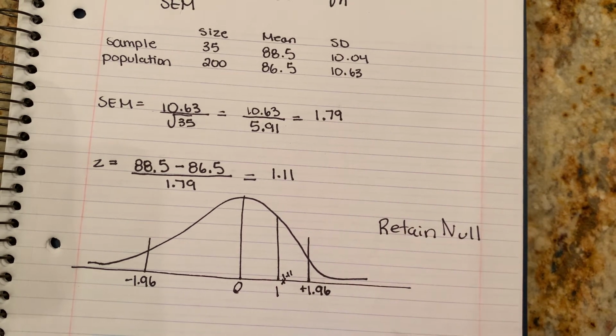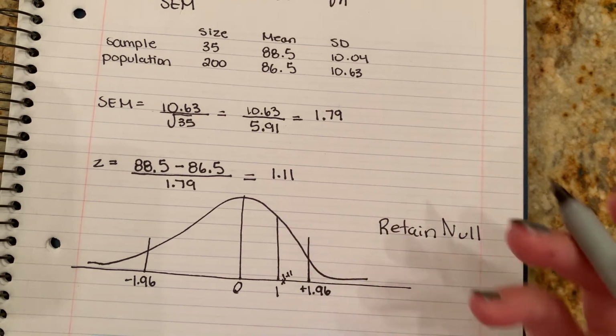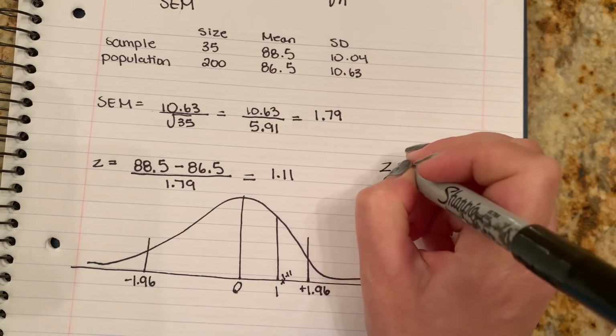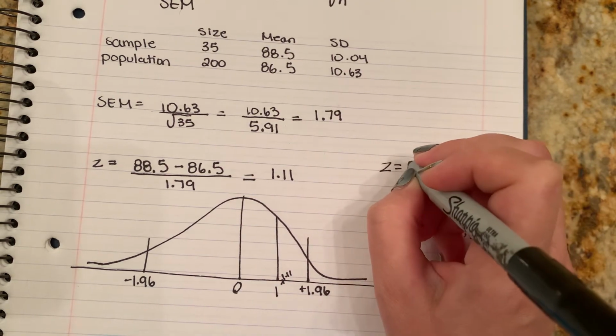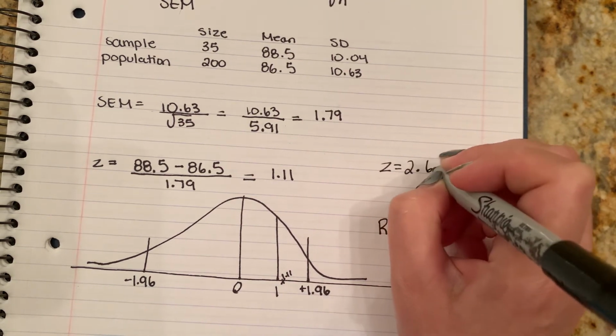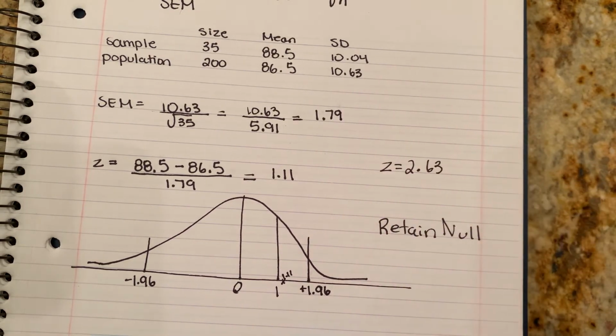Let's just say, for example, that instead of these values, we had some other values and ended with a z-value of, let's say, 2.63. I'm just pulling numbers out of the air to exemplify this for you.